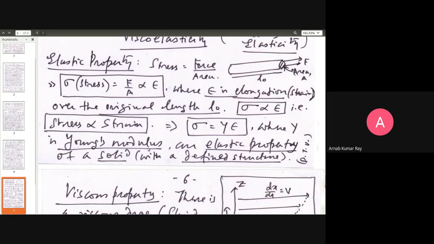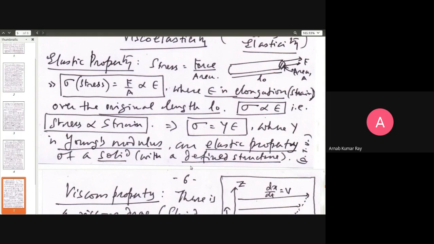It's there in the CBSE syllabus, interference, diffraction, all these things of optics. So sigma is proportional to epsilon, and the proportional constant is written as Y, Young's modulus, which is an elastic property of a solid with a defined structure.